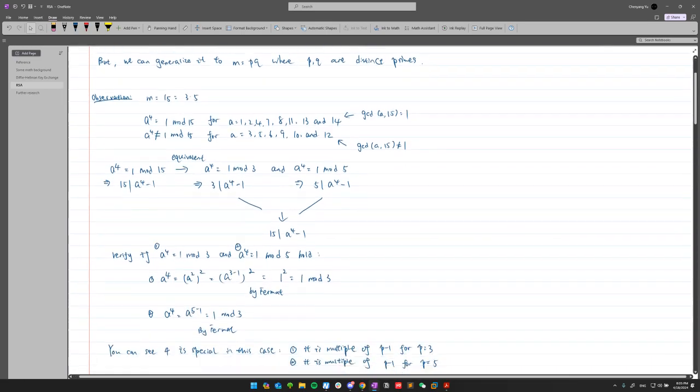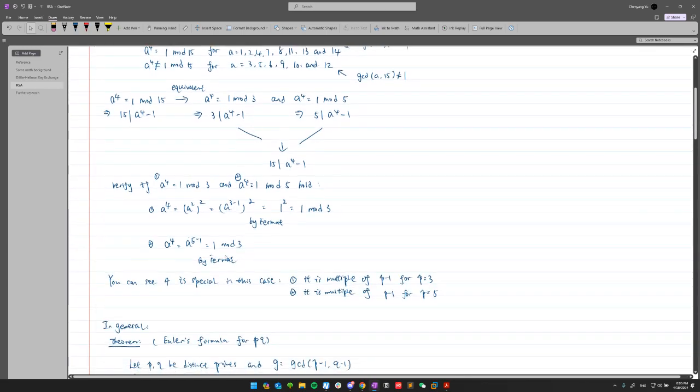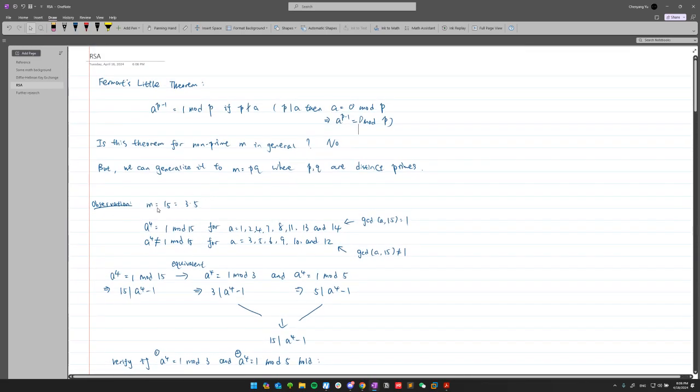Without proving the theorem, first we can just go over one example. For example, m equals 15, 15 equals 3 times 5, so p equals 3 and q equals 5. In such a case, you can try a raised to the 4th power.